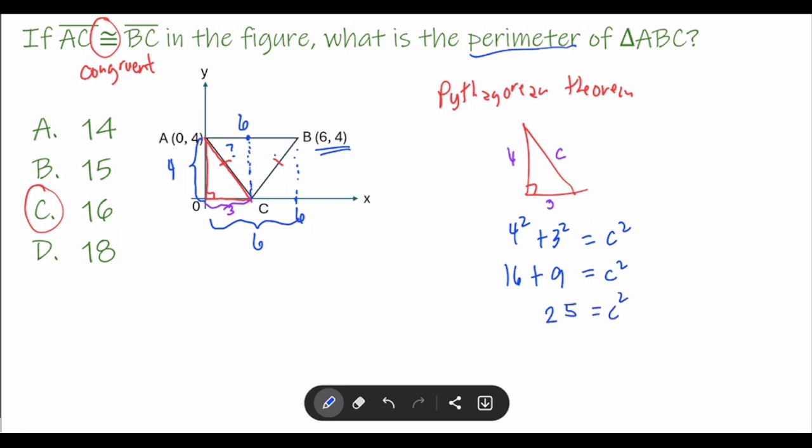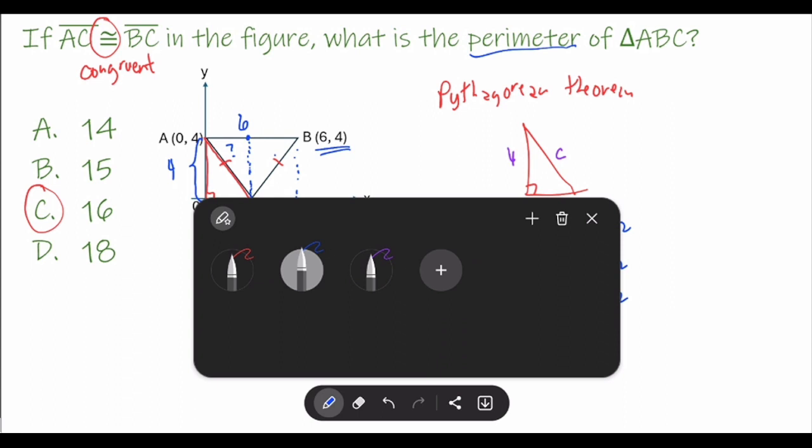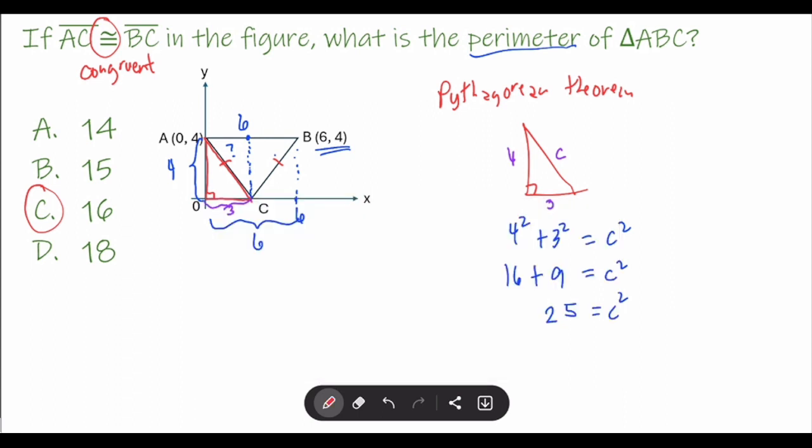And c, by the way, is the length of AC. Since c is squared, we're going to take the square root of both sides, which eliminates the square.